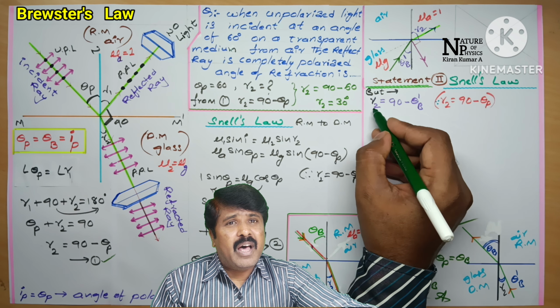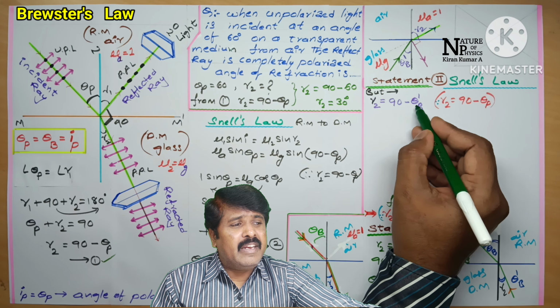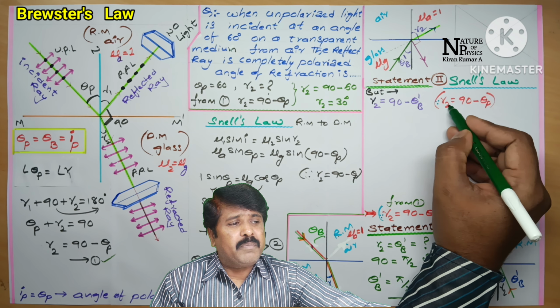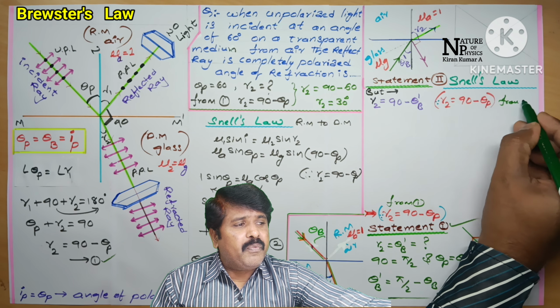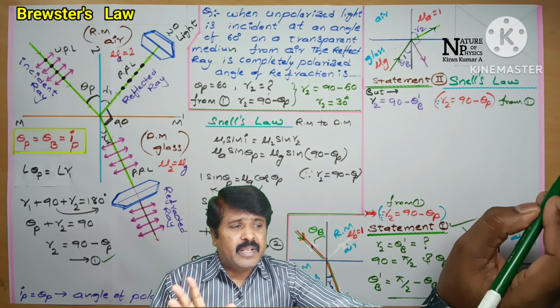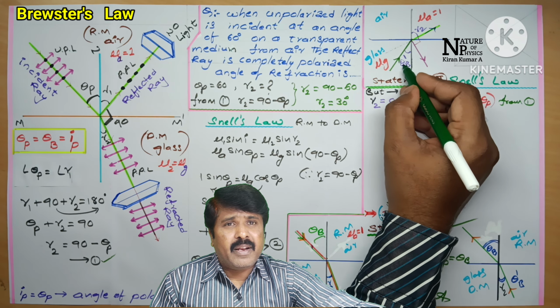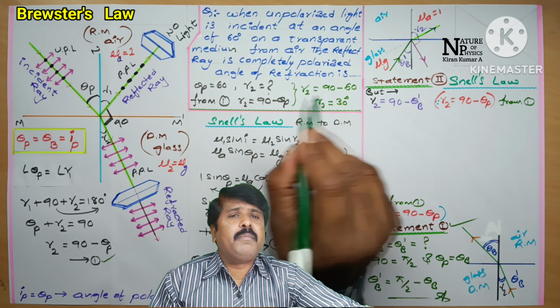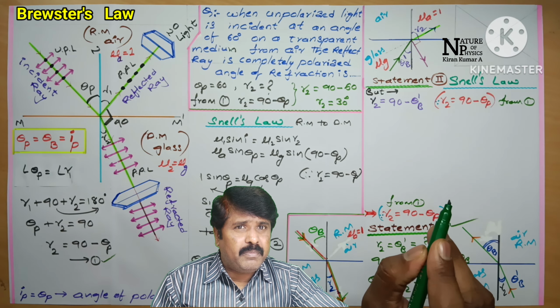The basic formula, R2 is equal to 90 minus theta b dash, is from equation number 1, the basic equation only. Here the angle of polarization is taken as theta b dash, according to the concept of the problem.